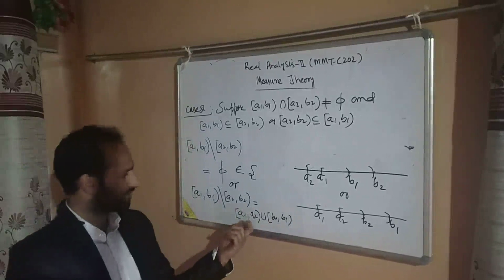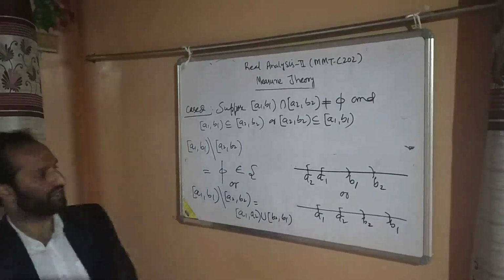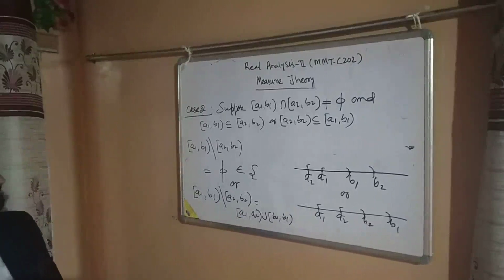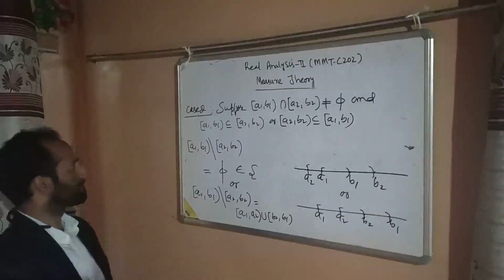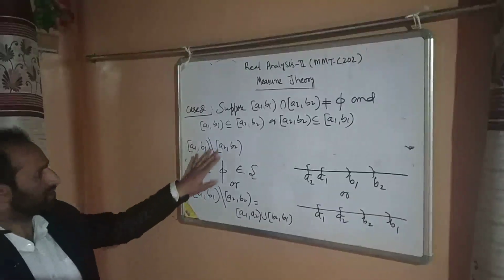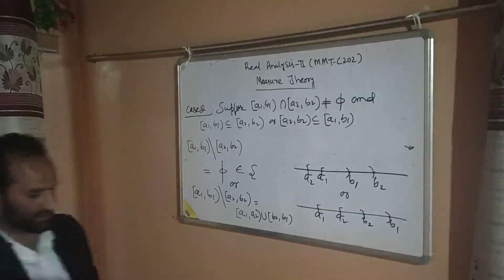They are members of S. So therefore this difference can be written as the finite disjoint union of members of S. So that's case 2. In this case, we have proved that the set difference of two members of S is equal to the finite disjoint union of members of S.